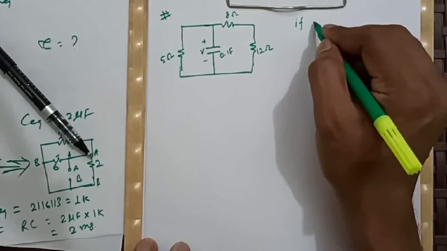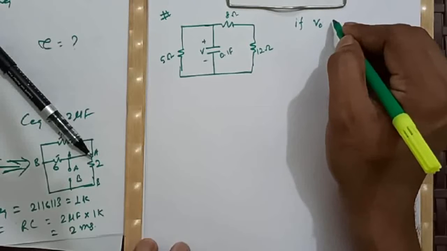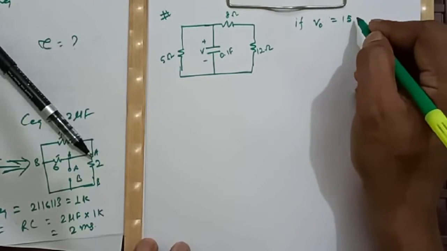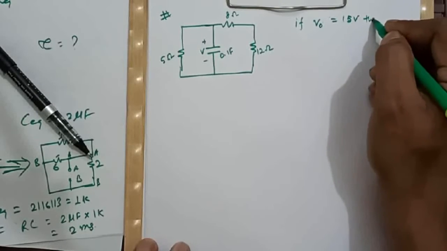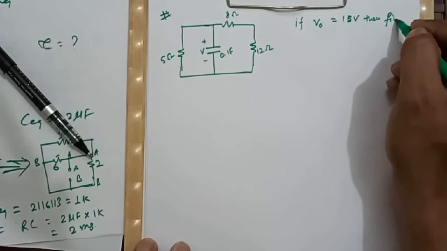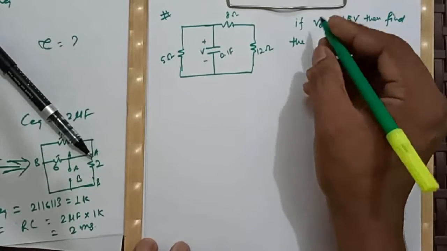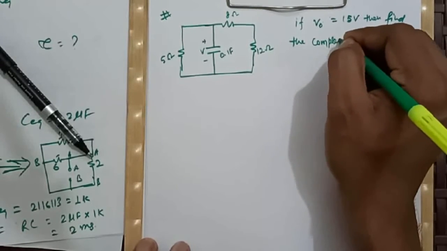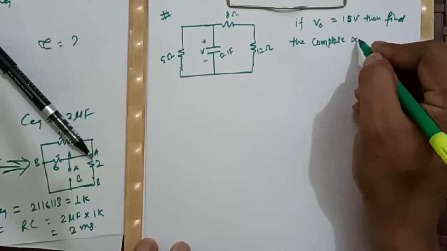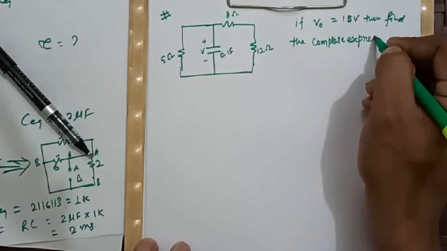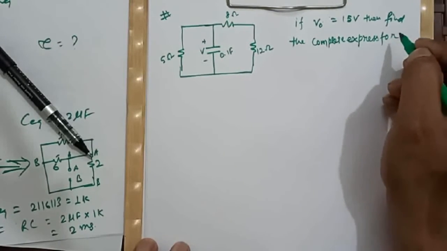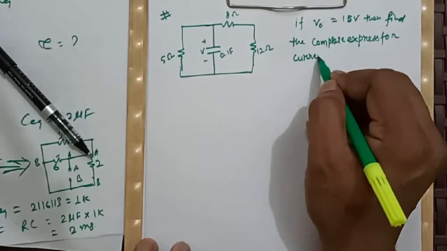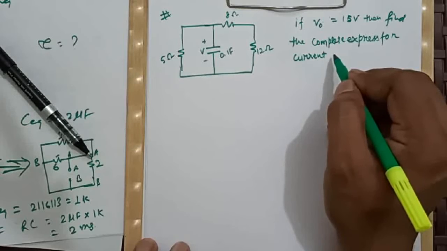The question is, if V naught is equal to 15 volt, then find the complete expression for current Ix.